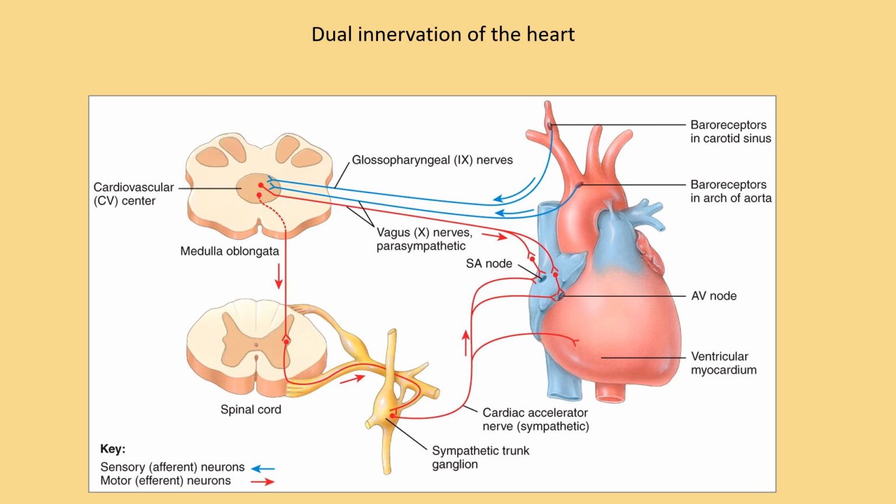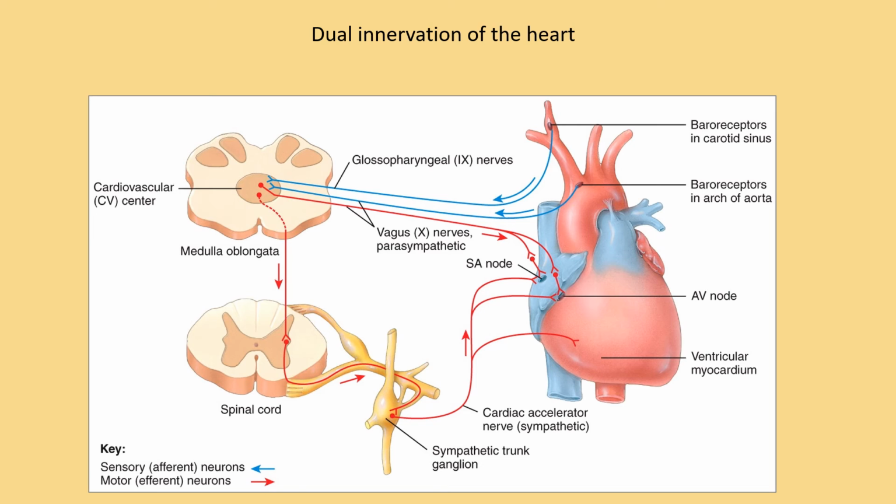So in blue, starting with the sensory input, we see the sensory receptors, those baroreceptors, and the sensory neurons deliver sensory input to the cardiovascular center that's in the medulla oblongata. When necessary, that medulla oblongata generates motor output that travels down the brainstem, down the spinal cord, and out through a spinal nerve.